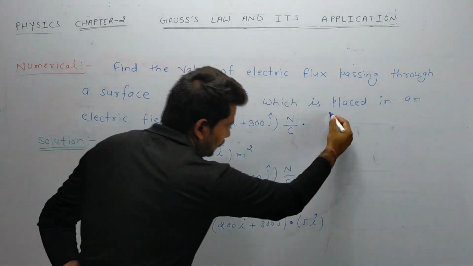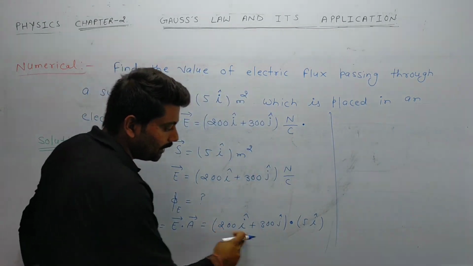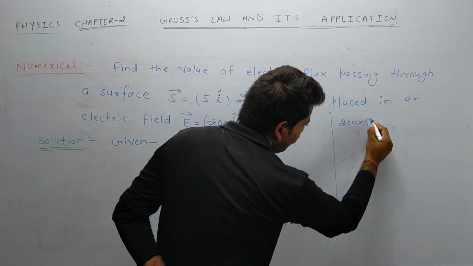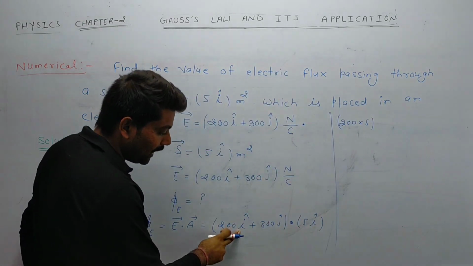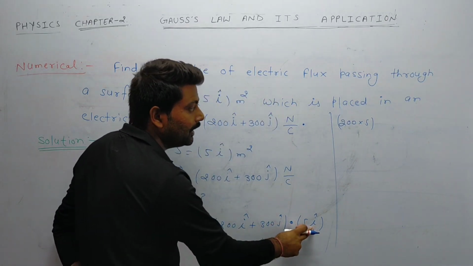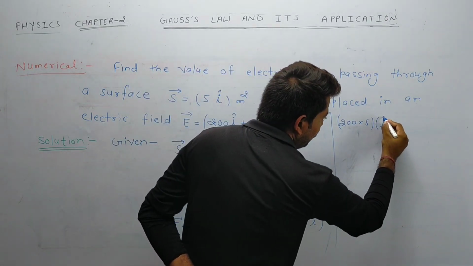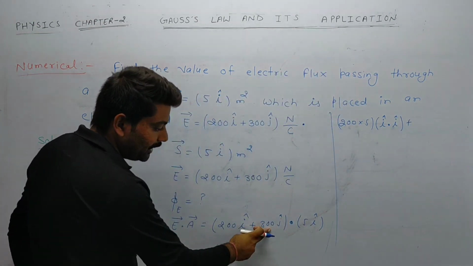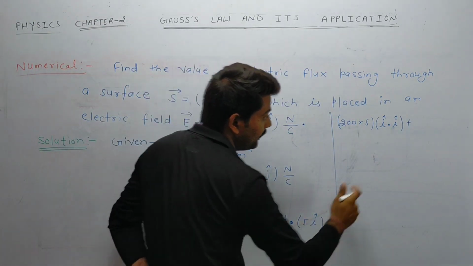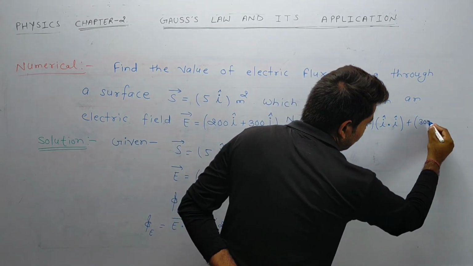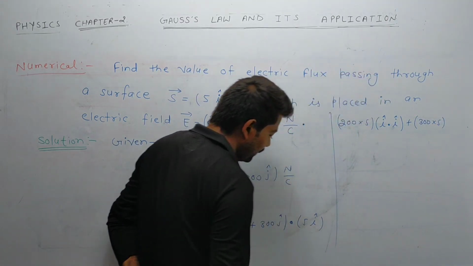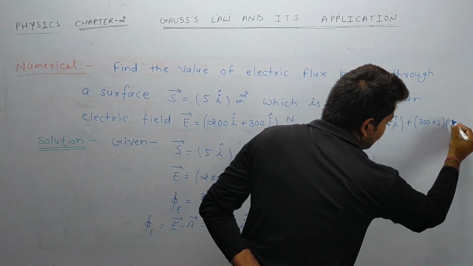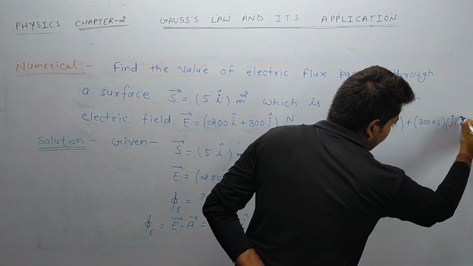Now the solution: 200 multiplied by 5, and the unit vector i cap dot i cap. In the second step, 300 multiplied by 5, and unit vector j cap dot i cap.